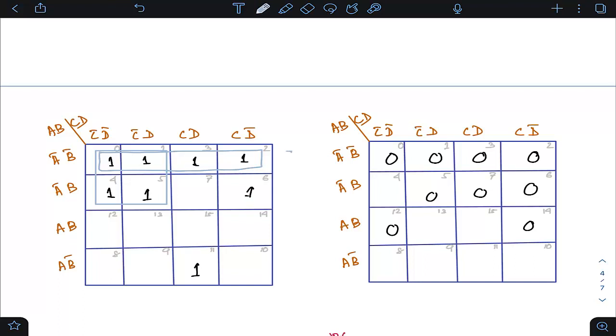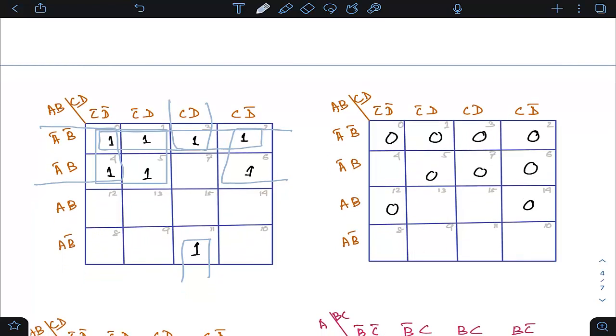How can I do it? One is like this and this one. And what about this one? So this one is single. So is a pair possible? Is a quad possible? No, a quad is not possible. If I would have a mean term here, then I could have done it this way. But here this is 1, so I can have a pair like this. Right?